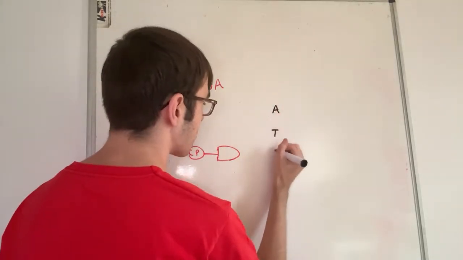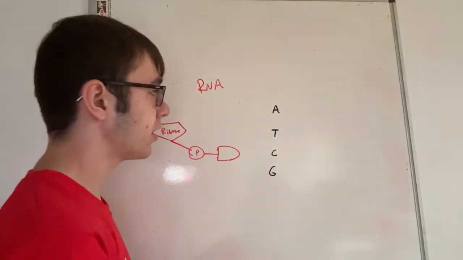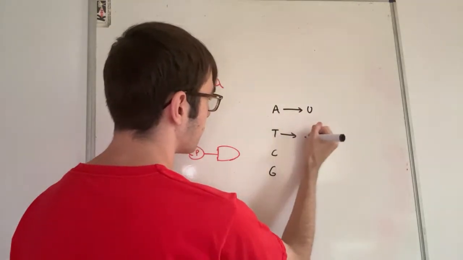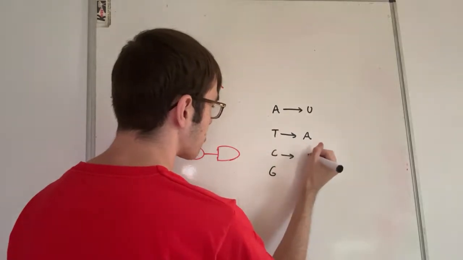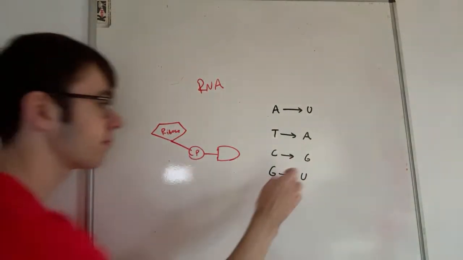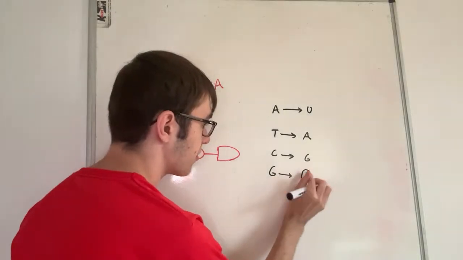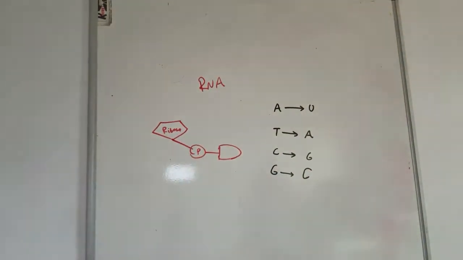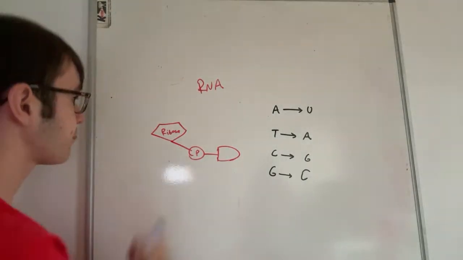A, T, C, G. Adenine will bind to uracil. Thymine will bind to adenine. Cytosine, guanine. Guanine. Sorry. That's a terrible C. So, already, that is the structure of RNA.